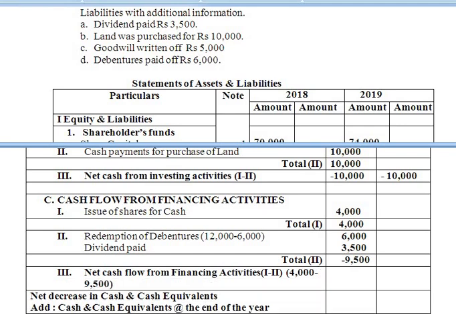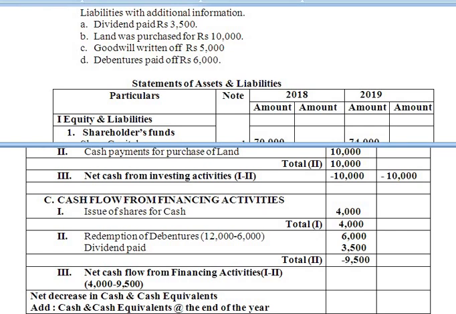Okay, so 9,500 is the outflow of cash, whereas inflow of cash how much? 4,000. So up to 4,000 we can adjust, remaining will be net cash flow from financing activities, or loss from cash flow from financing activities.